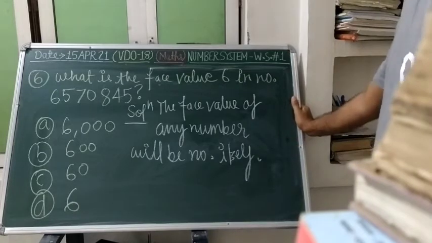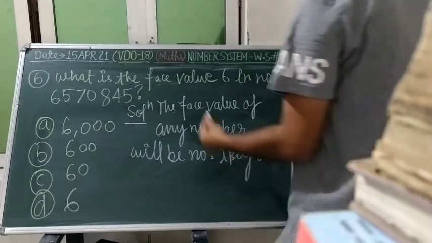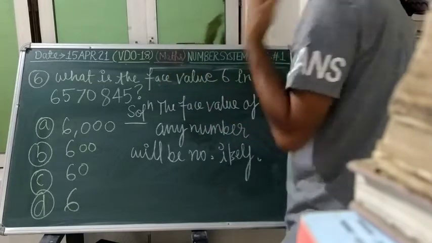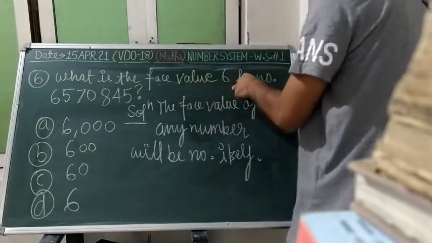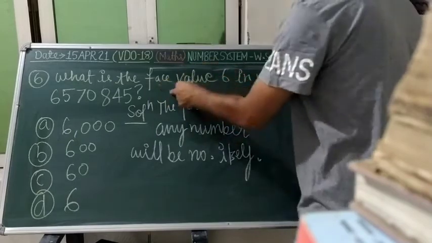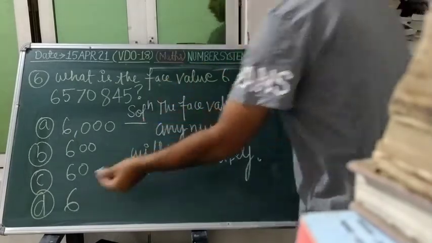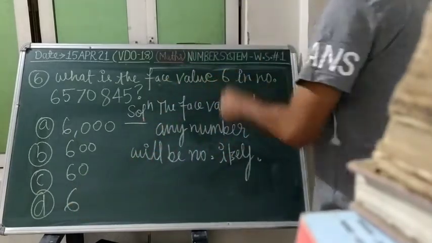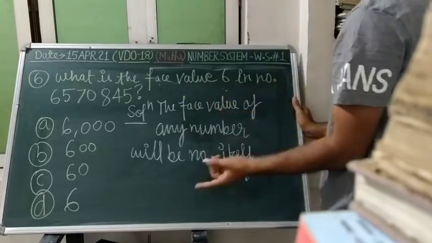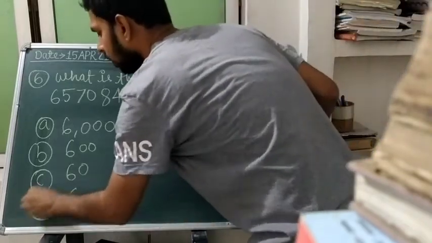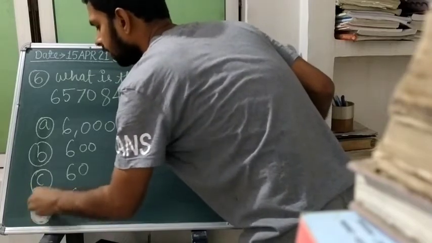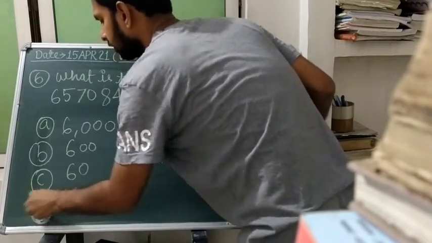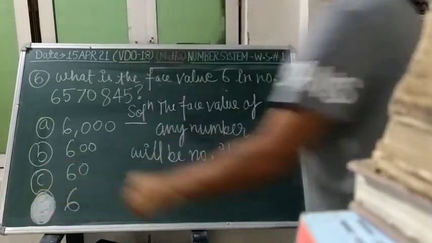So the face value of 6 will be 6 itself. So your answer will be 6. So the face value of any number is the number itself, and D will be your answer.